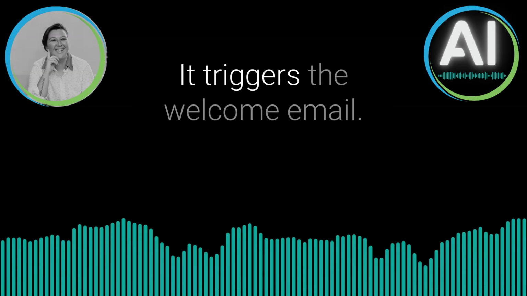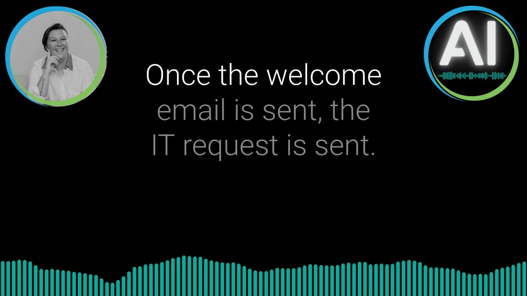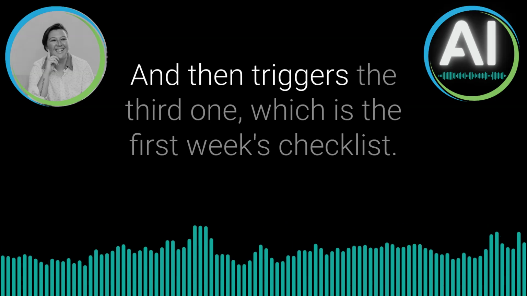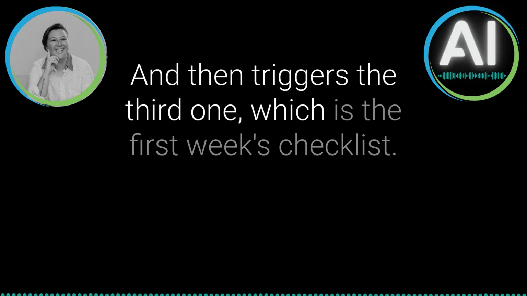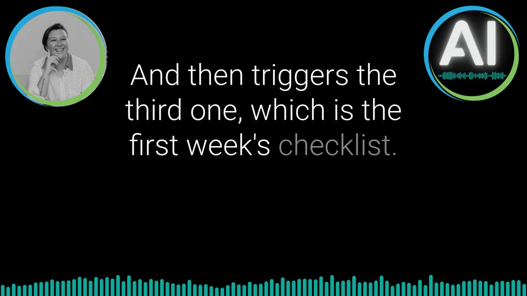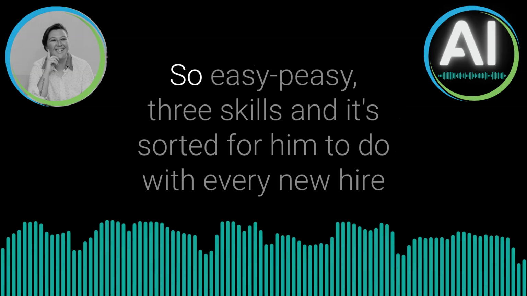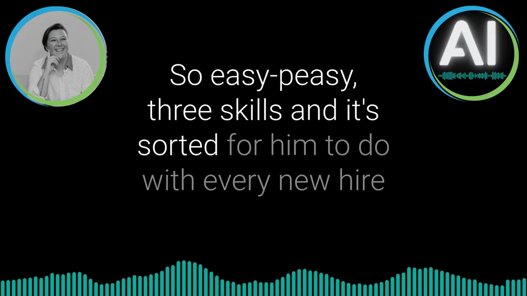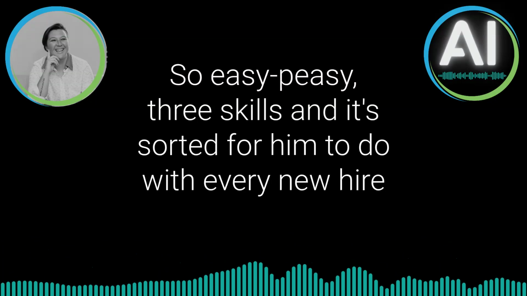Boom, it triggers the welcome email. Once the welcome email is sent, the IT request is sent. That's also a different skill. And then triggers the third one, which is the first week's checklist. So easy peasy, 3 skills, and it's sorted for him to do with every new hire.